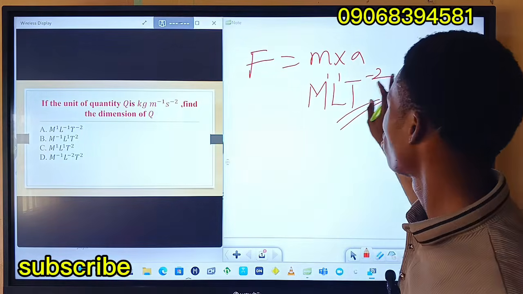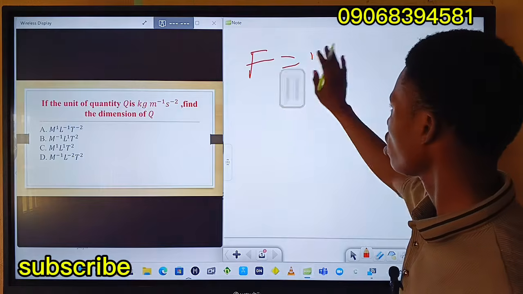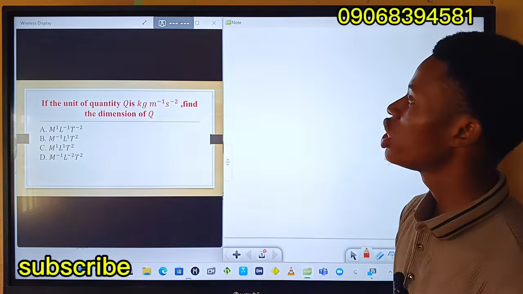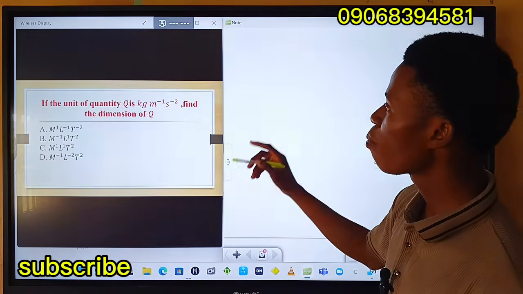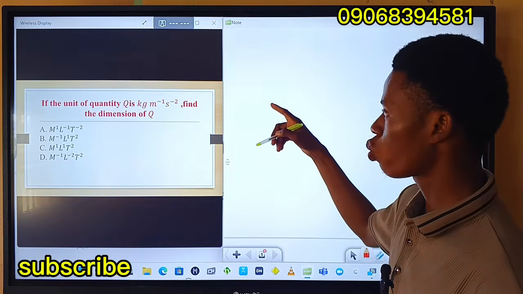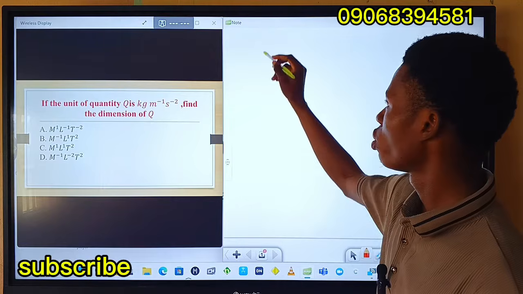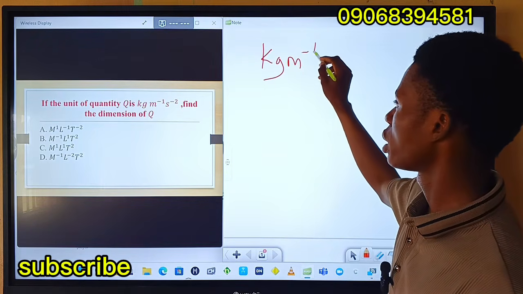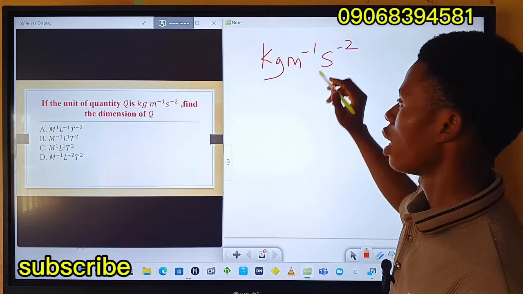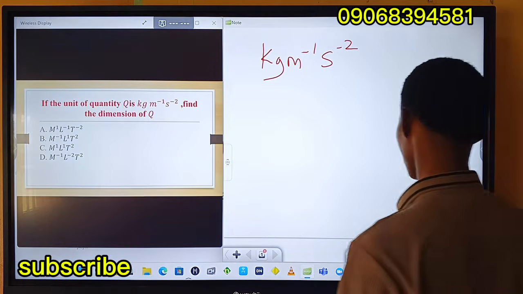All right, now the next question here. If the unit of quantity Q is kilogram per meter per second square, find the dimension of Q. We're given the unit as kilogram per meter per second square, and we're asked to find the dimension.